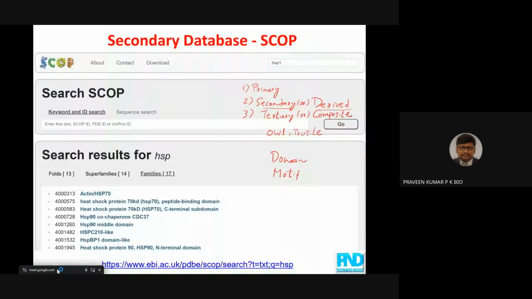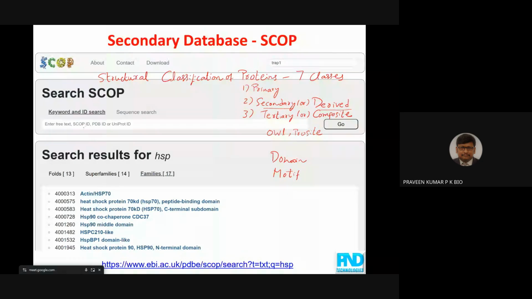Now we are discussing the first database, called SCOP. SCOP stands for Structural Classification of Proteins. Here you can see the proteins are classified under 7 different classes.